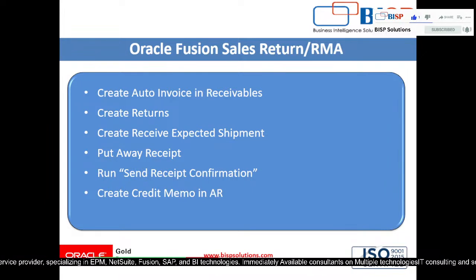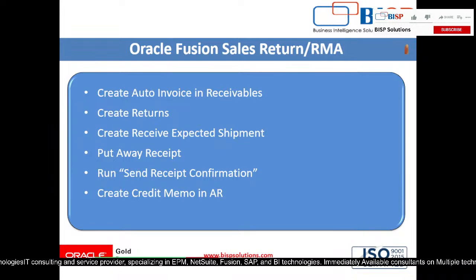We have to create the receive expected shipment, so that our item comes under the receiving area, you can say the staging area. After this staging area, we move from the receiving area to our inventory area, so we have to perform the put away receipt.